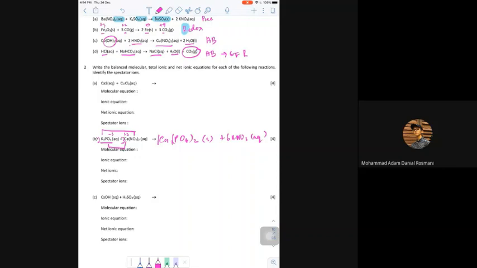So the ionic equation will be, we must start with the molecular. If the molecular is wrong, the ionic will be wrong.